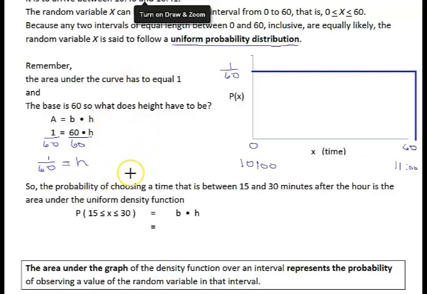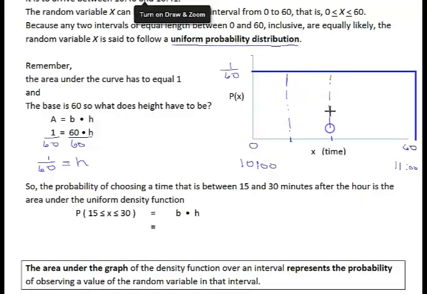Okay, so let's do this problem. It says, what is the probability of the UPS guy coming between 10:15 and 10:30, which would be right about here to here? Let's mark this out a bit.